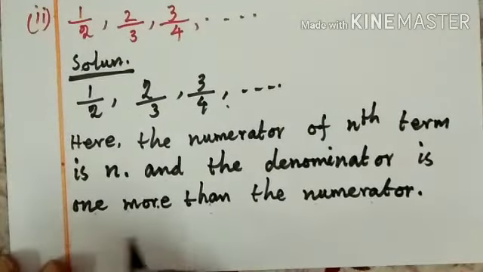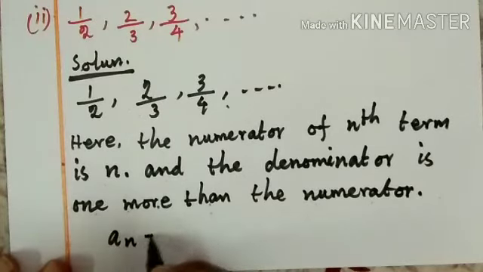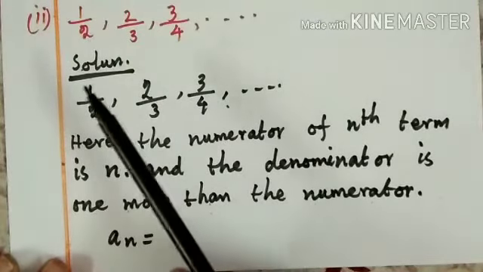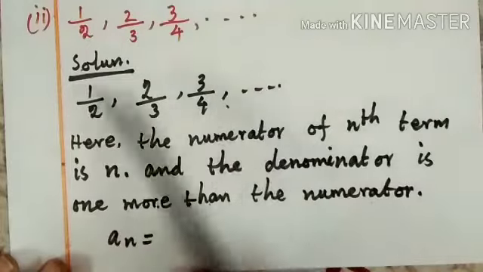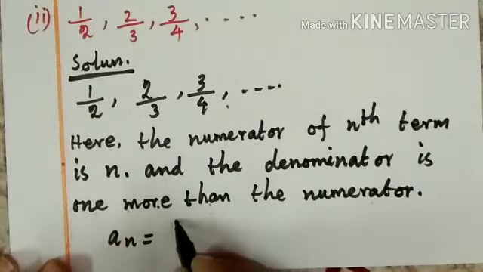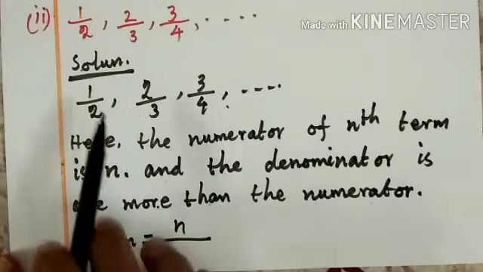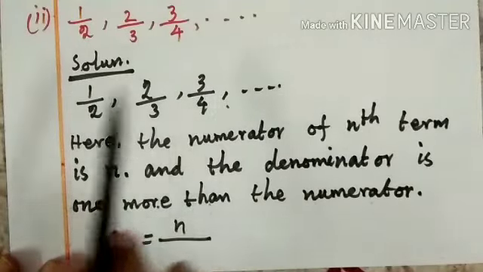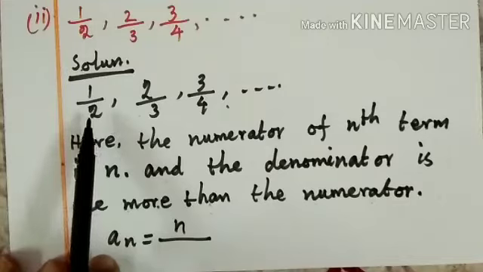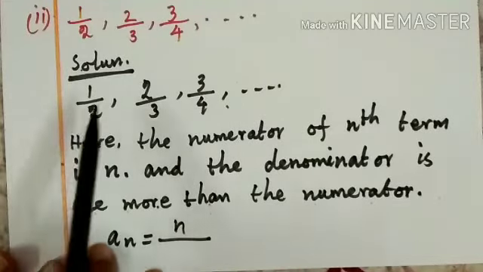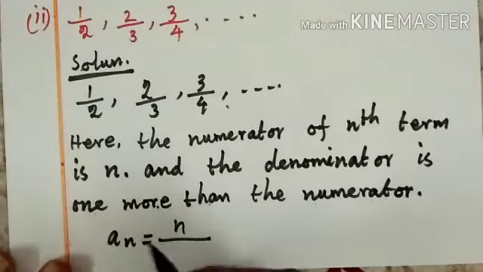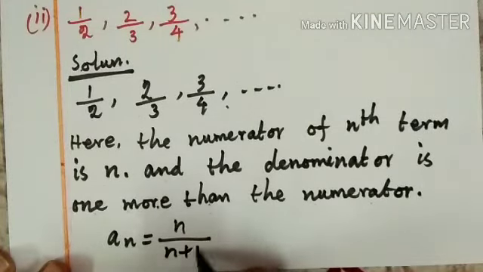Therefore, the general term a_n is equal to: the numerator belongs to natural numbers, so you write n. The denominator also belongs to natural numbers, but it starts from 2. Then the denominator is 1 more than the numerator. Therefore, you write here n plus 1. See, n always belongs to natural numbers.